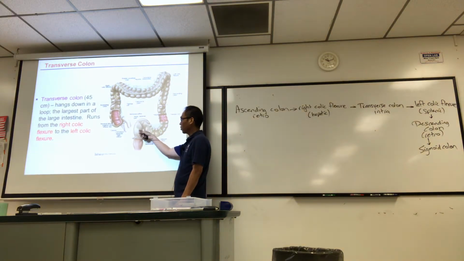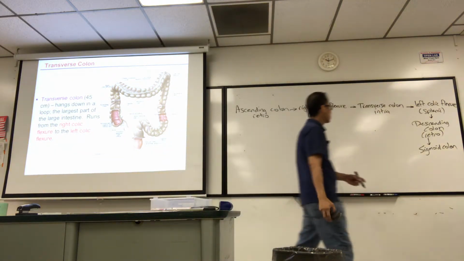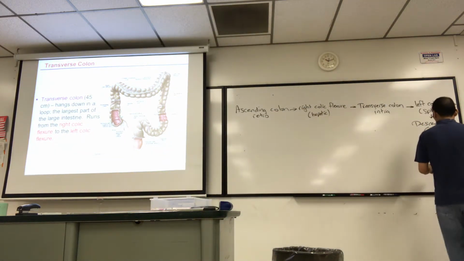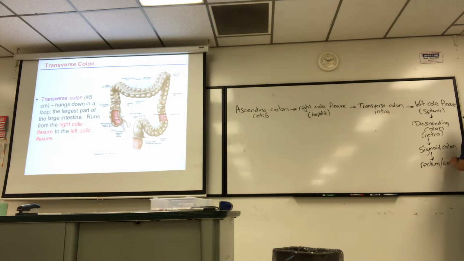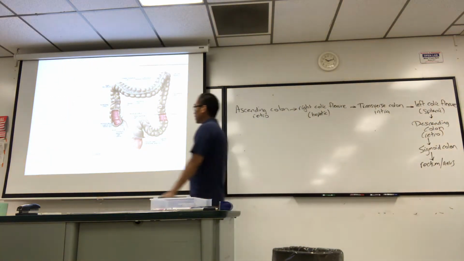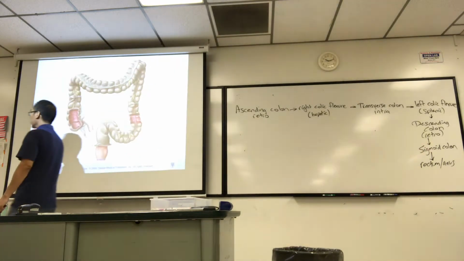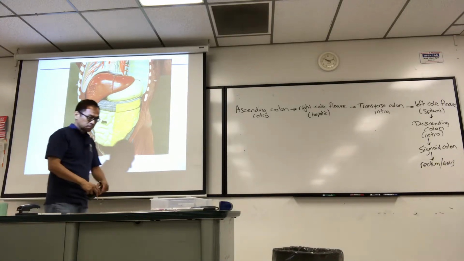That's why the pockets go away, because you restore the full layer, and you get to rectum and anus. Okay, that's it. That's the colon. Let's look at some pictures here. Well, we have them modeled in the room, and you can study them.